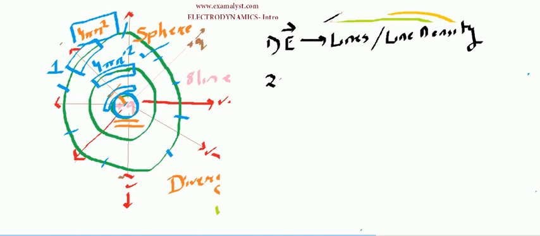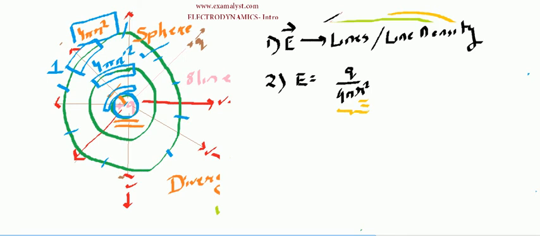Second, electric field is more if the charge is more. Electric field is less if we go to a bigger sphere. When we go to a bigger sphere, the value of R is large, and as a result the surface area is also large.